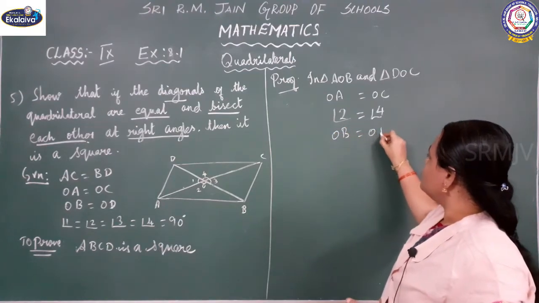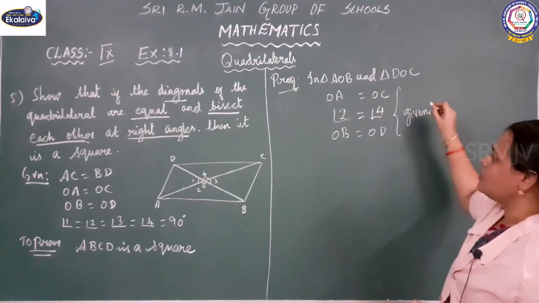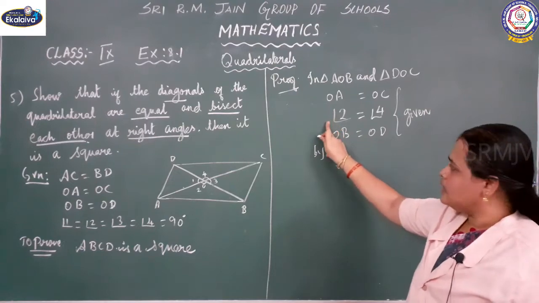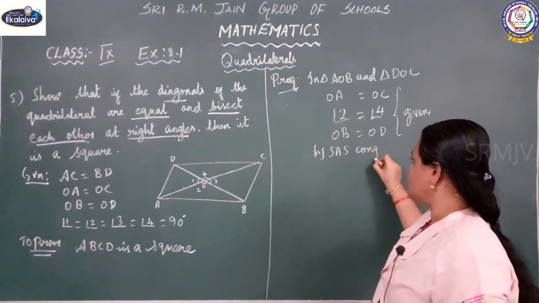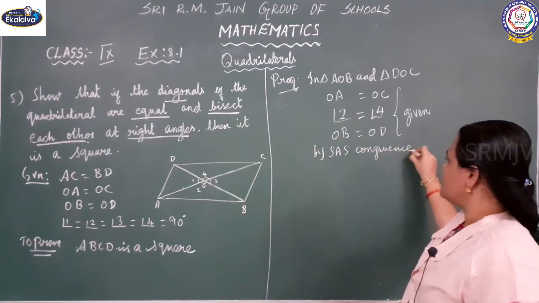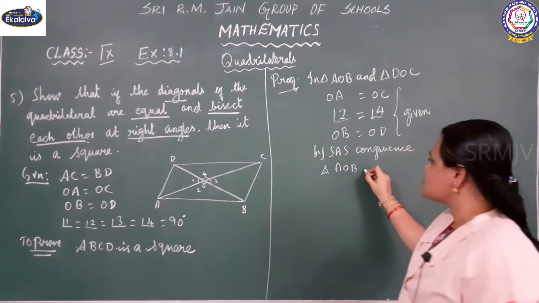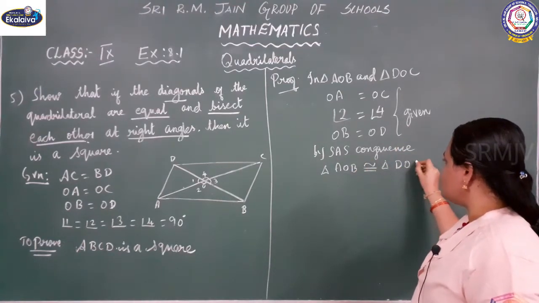This everything is given in the question. So we can tell by side, angle, side. So by SAS congruence, triangle AOB is congruent to triangle DOC.